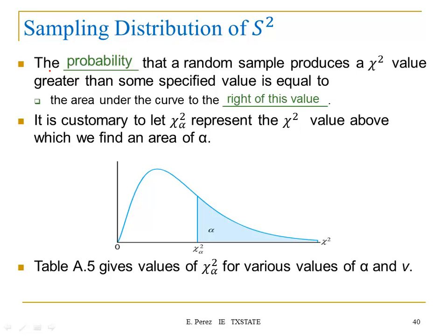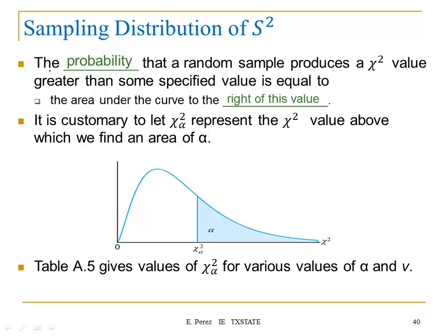Okay, so table A5 from your textbook gives the value of the chi-square for different values of alpha and different degrees of freedom. I brought that table here, so I'm going to pass you a copy of that document so you can follow the rest of the lecture. As I did for the other tables, for the normal and the binomial, if you bring this to class, it will help you a lot.